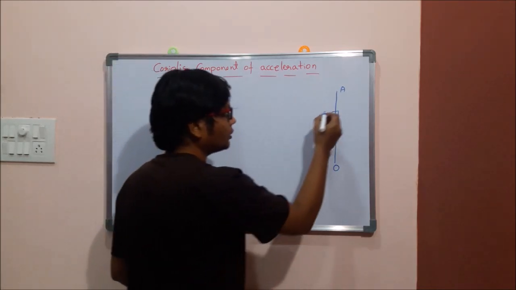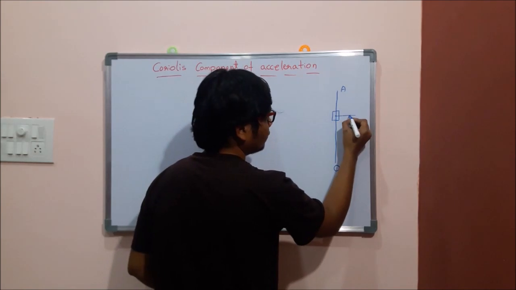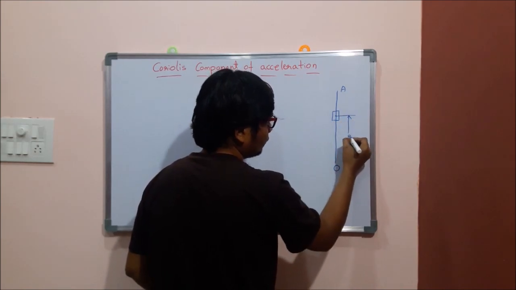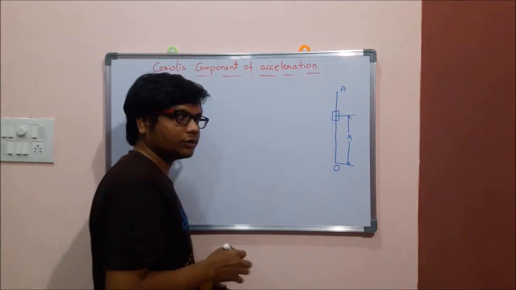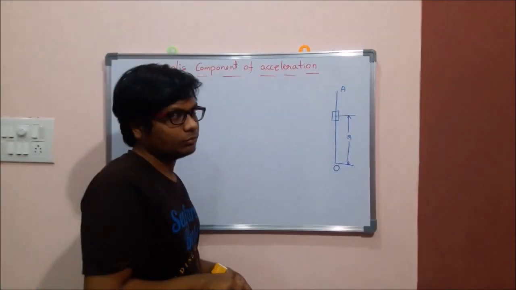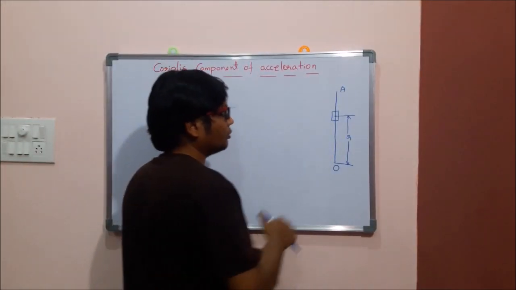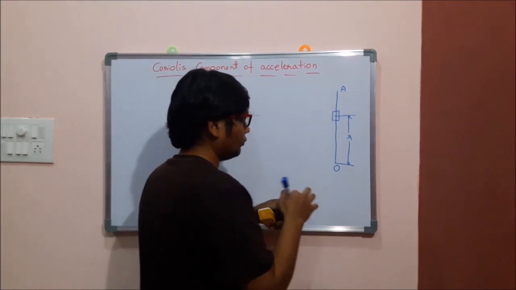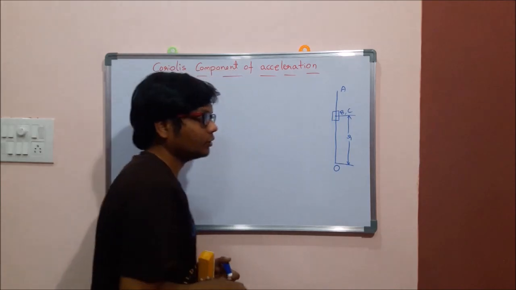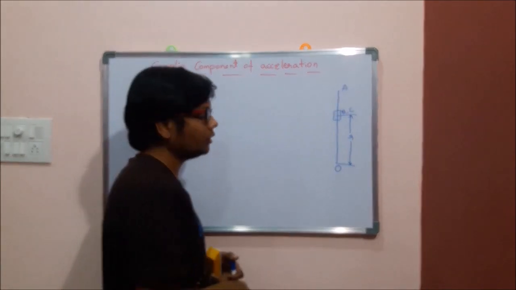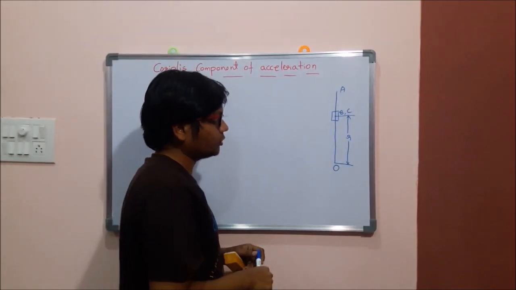I am considering the sliding element here, which is at a distance of r from the center of turning or oscillation. This point we can consider as B comma C, with B and C at the same location, at a distance of r.